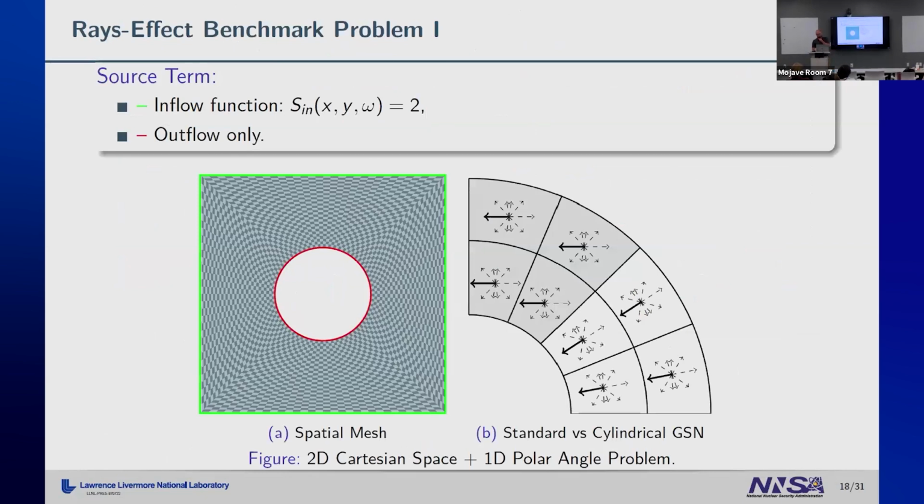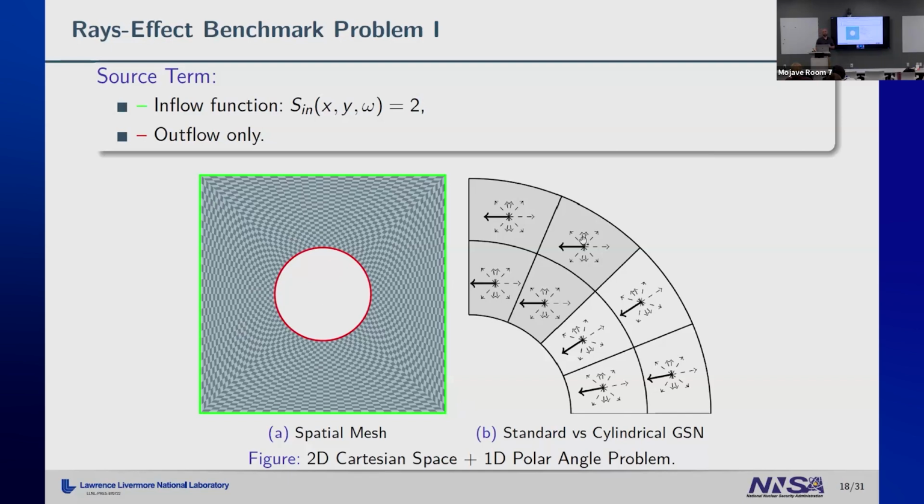So now I want to switch to some benchmark problems. The first one is a very simple one. We have this box with a hole in the middle, vaguely inspired by Hohlraum. On the outside, we do a very simple homogeneous inflow condition with a value of 2. On the inside, we do a purely outflow condition.